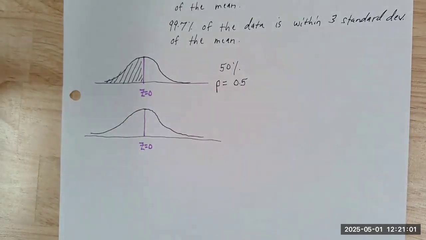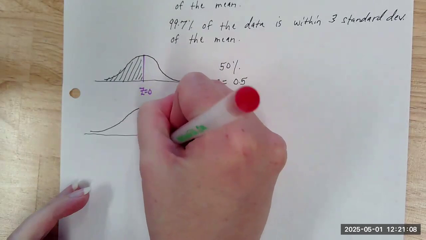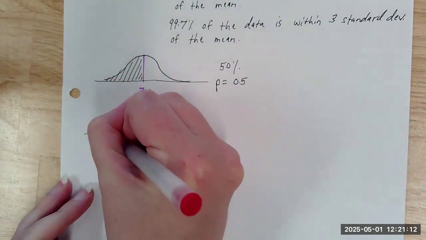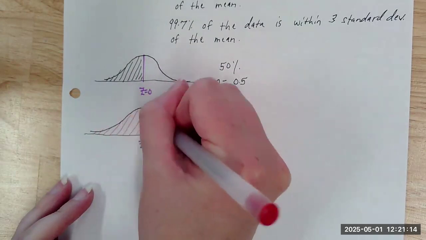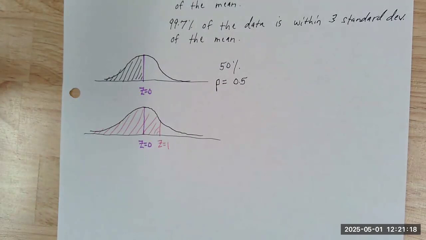But I want to go out to z is equal to 1. And I want to know what's the probability that corresponds to z is equal to 1.